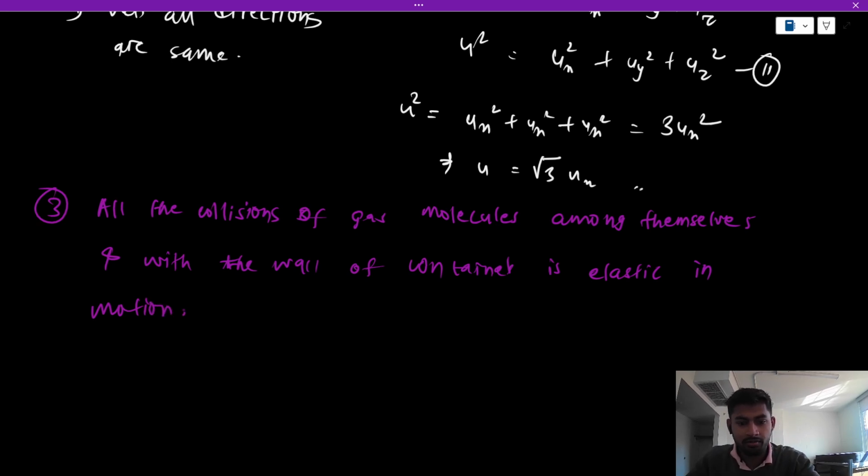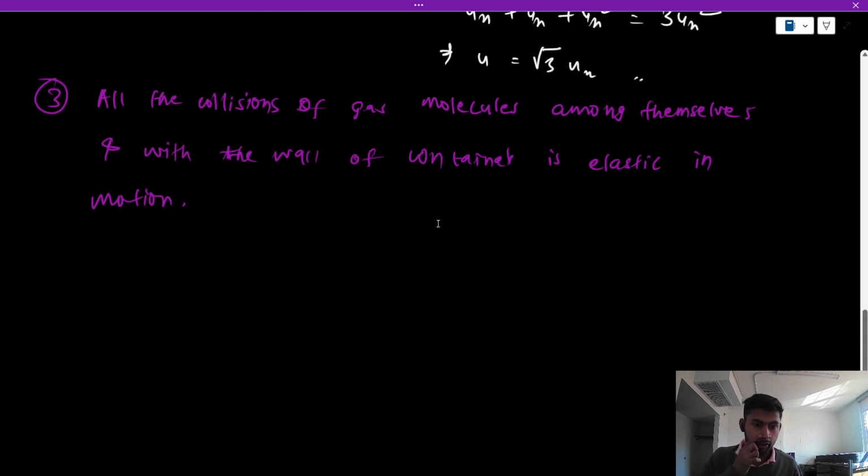What elastic motion implies is that the collisions between the bodies do not change the velocity of the body, and it holds elastic collision equations.